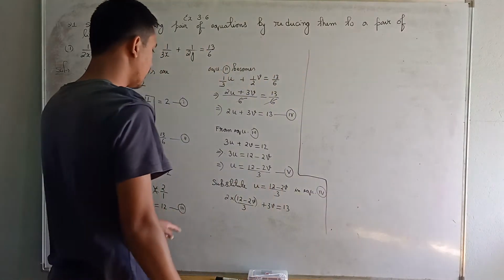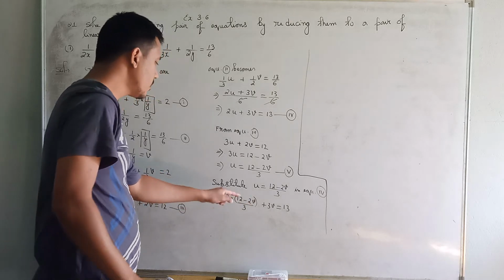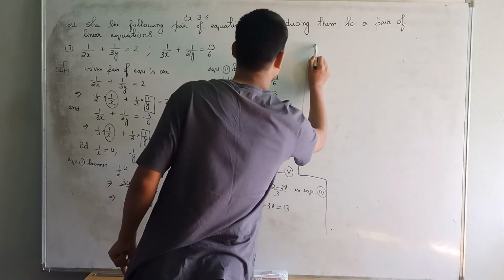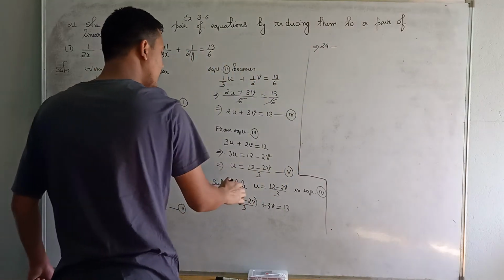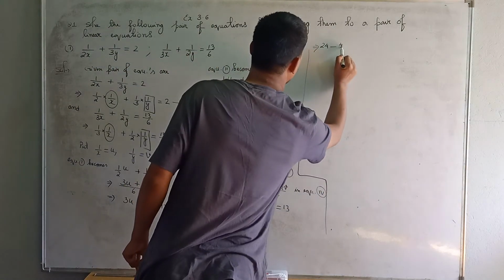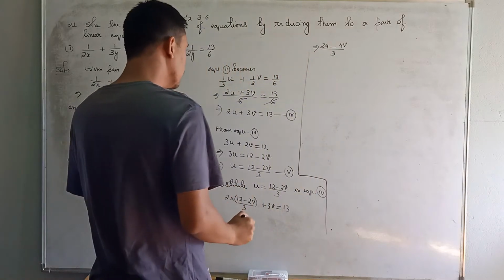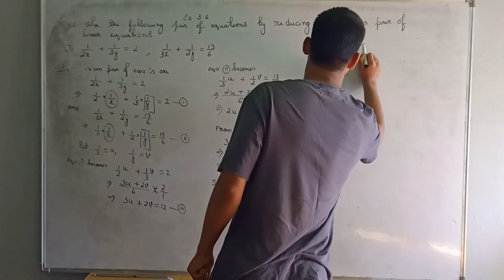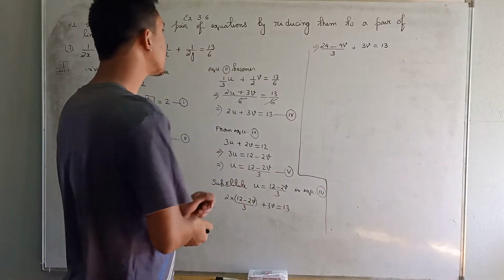Right? I'm going to continue here. So 2 is going to multiply with both of these terms. 2 12 times is 24 minus 2 times 2v is 4v upon 3 plus 3v is equal to 13. What are we supposed to do now?